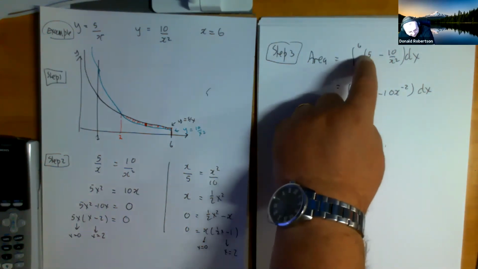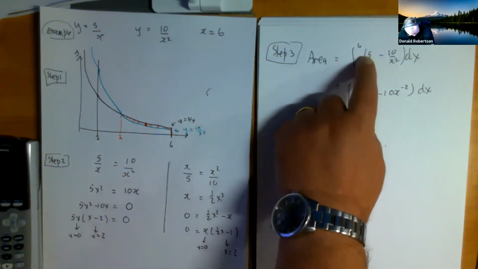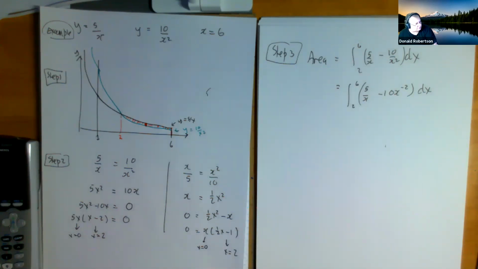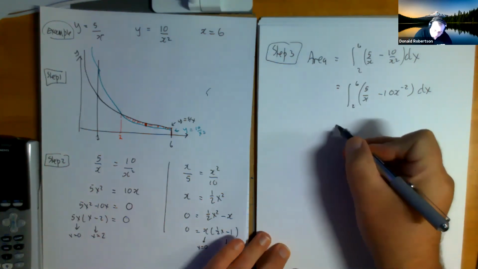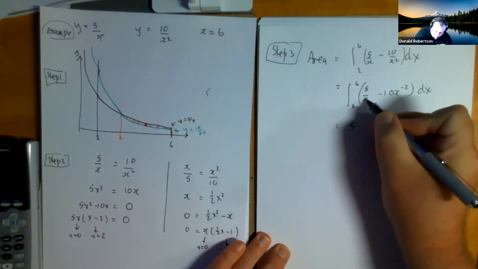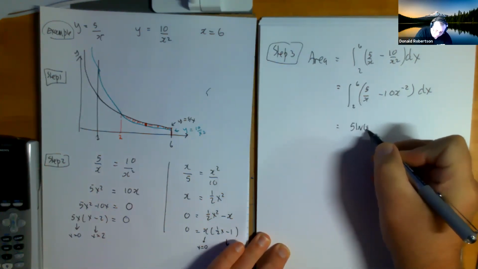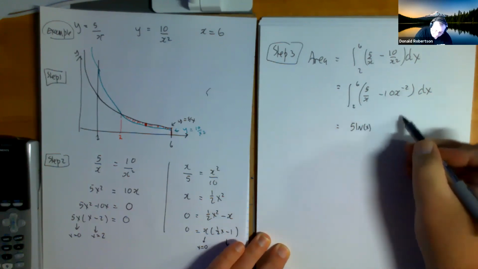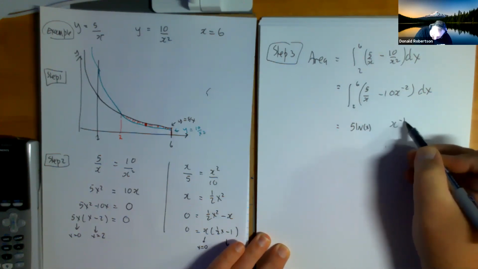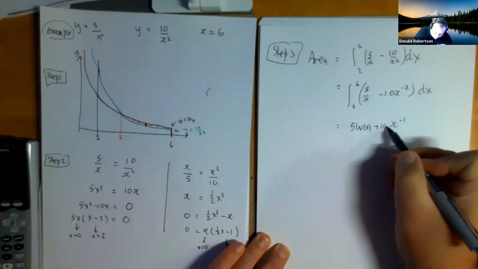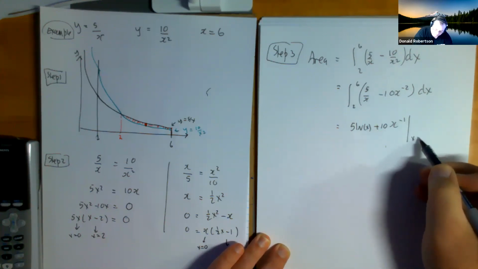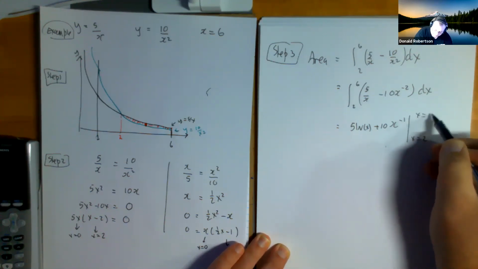On the other hand, I'm not turning the 5 over x into 5x to the negative 1, because isn't the antiderivative of 5 over x a log? It's not a power rule question. So we are now going to do the antiderivative of that guy, which is 5 log x, and this guy, you add 1 to the power and divide by the new power. And you're going to evaluate that at 2 to 6.